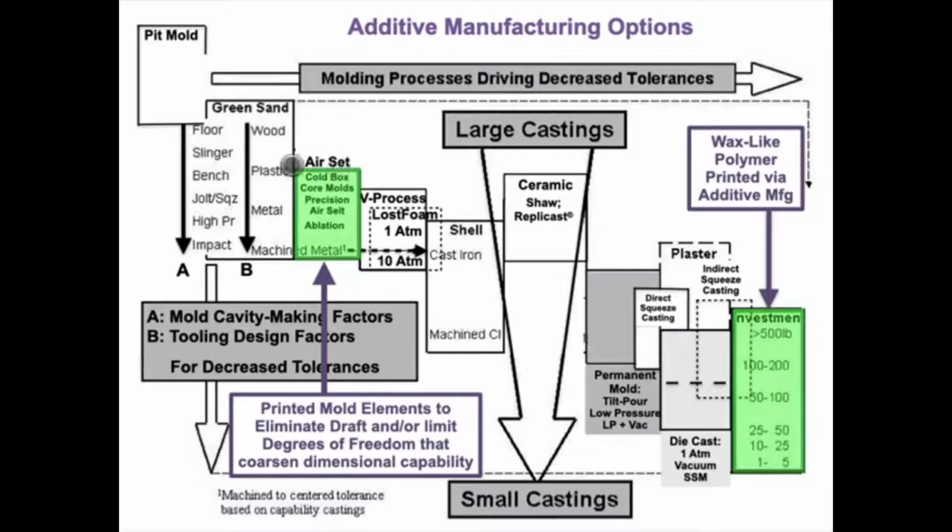And we're speaking specifically of the air set process and the fact that additive manufacturing technologies through printed mold elements can eliminate draft or limit the degrees of freedom that coarsen dimensional capability. So that's the way that additive manufacturing affects the air set process.